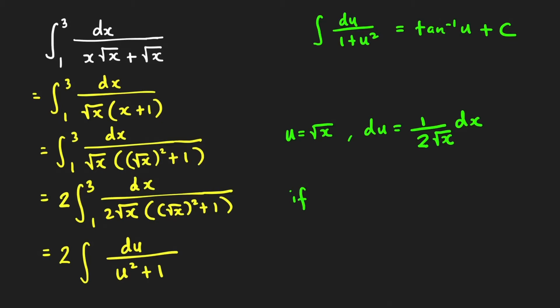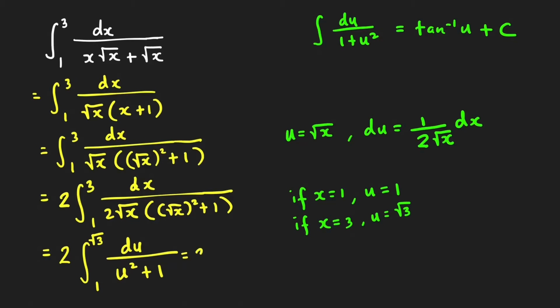So if x is equal to 1, u is equal to 1. And if x is equal to 3, u is equal to square root of 3. So we can now write our limits of integration as 1 to square root of 3. And this is equal to what?